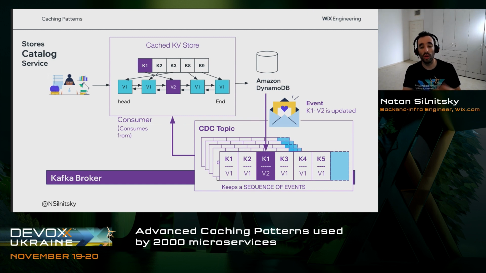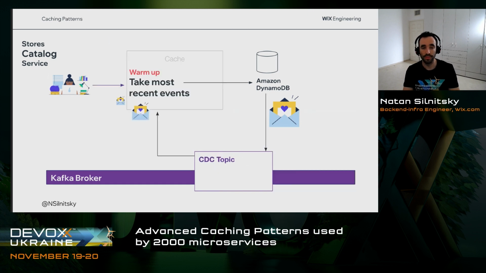So if, for instance, key 1 value has changed from value 1 to value 2, then of course this value will be updated once it is processed by the cache consumer, and it will be found in in-memory cache, and will not have any stale data. We'll have up-to-date data available with zero latency, which is fantastic.